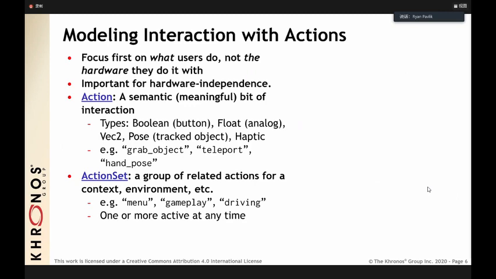For example, you might have an action set called menu, one called gameplay, and one called driving. You can have one or more action sets active at a single time. So you can have gameplay and driving both active. You do not need to duplicate actions between action sets or create additional action sets combining others.